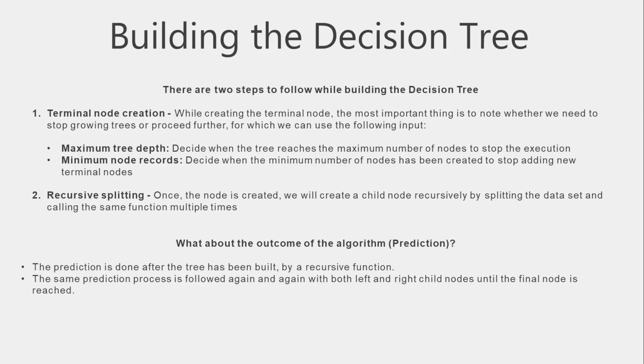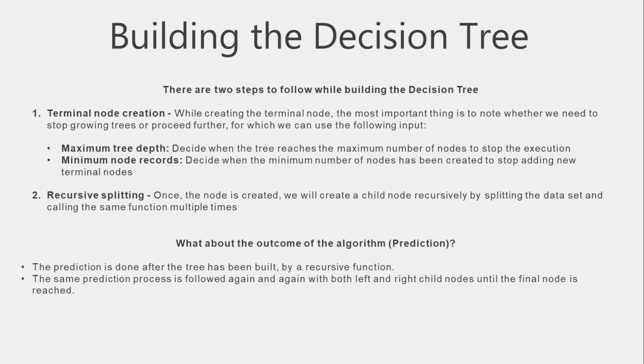On the other hand, with recursive splitting, once the node is created, we create child nodes recursively by splitting the dataset and calling the same function multiple times. What about the outcome of the algorithm?